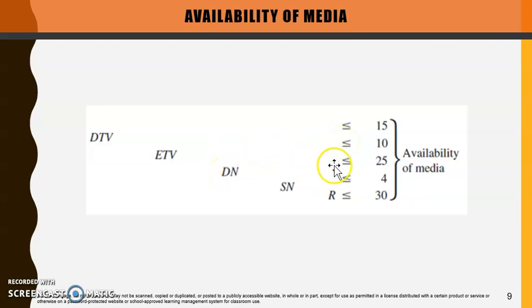DN, equal or smaller than 25. SN, equal or smaller than 4. And R, equal or smaller than 30. Now, your model always considers the restriction on the availability and never gives you an infeasible result that violates these restrictions.